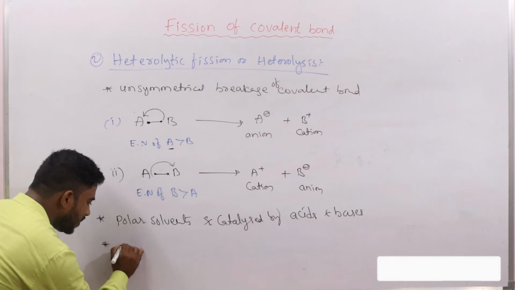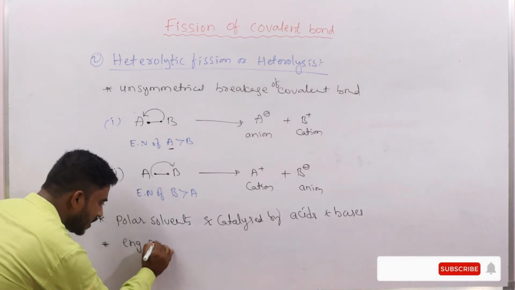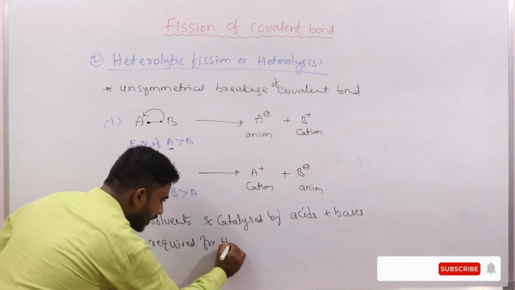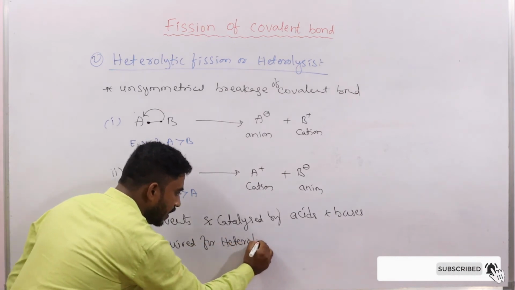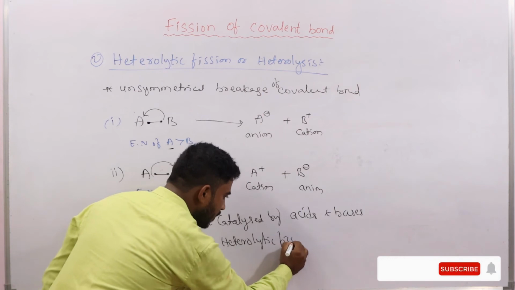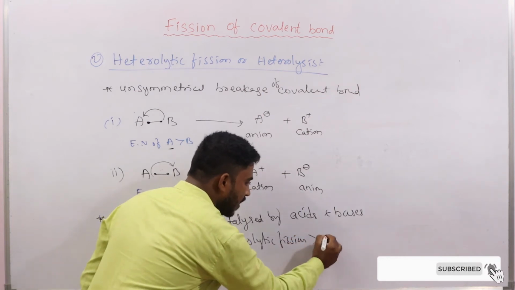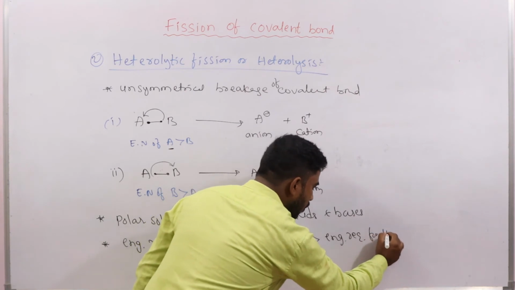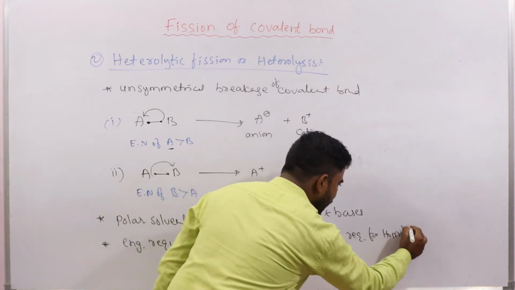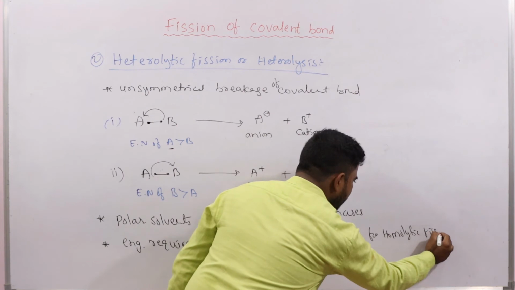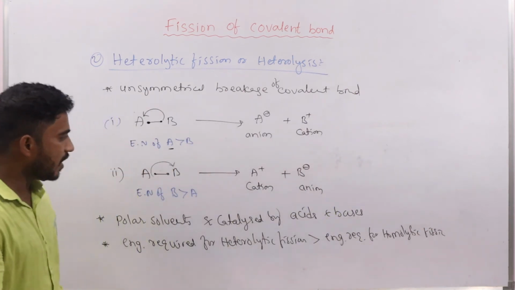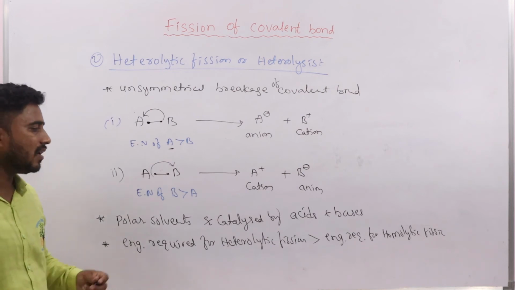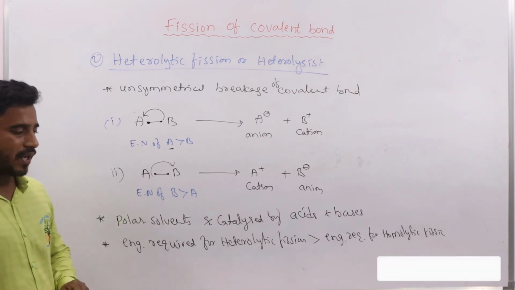The energy required for heterolytic fission is greater than the energy required for homolytic fission. Why is it so? Because in heterolytic fission, oppositely charged ions, anions and cations, are formed.